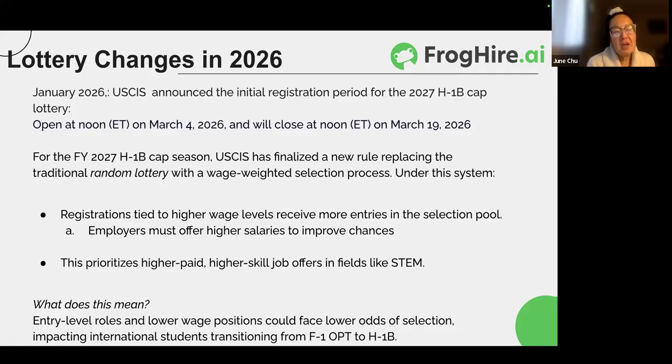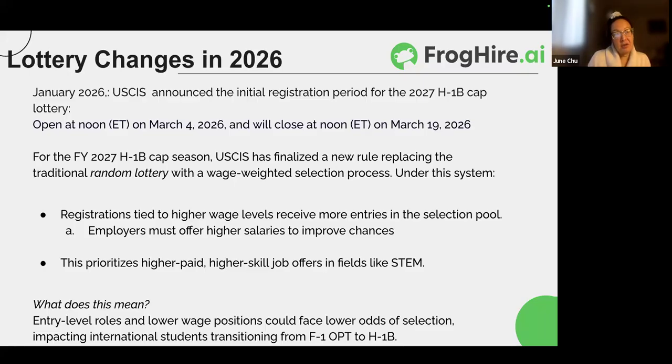So in the past, it was a random lottery system. Everyone who wanted to apply, who registered, gets their name thrown into the lottery. However, there is a new rule coming up, and it's not going to be a random lottery. It's going to be wage weighted.